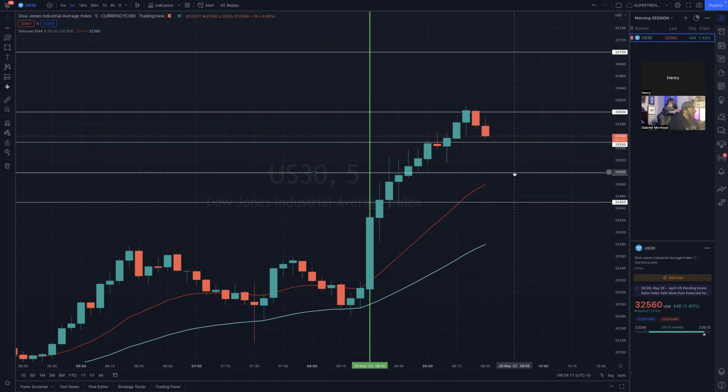Okay, and as you can see, we have sellers and buyers. The body tells us consistency. No one really has major control right now. Obviously the sellers had momentum on that last candle, but again, look at this candle here. There's really no one who has momentum.